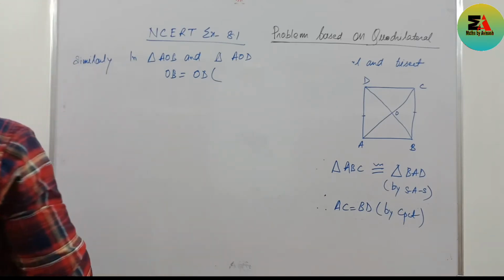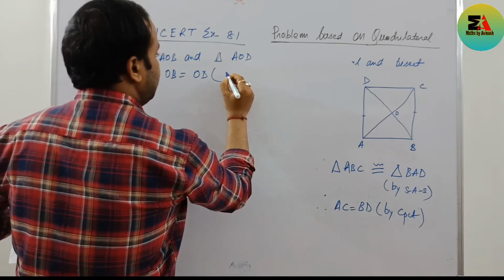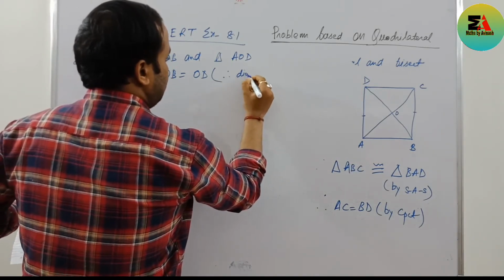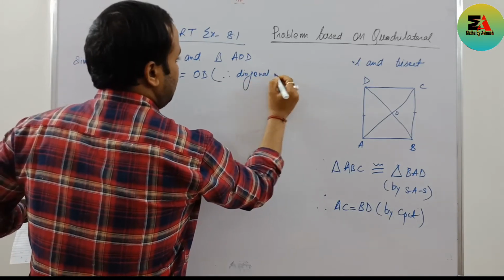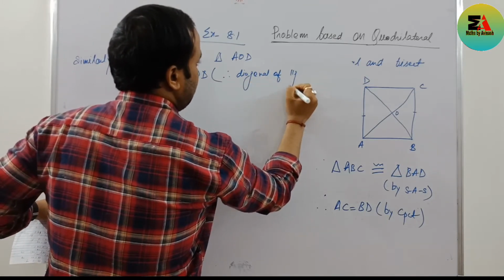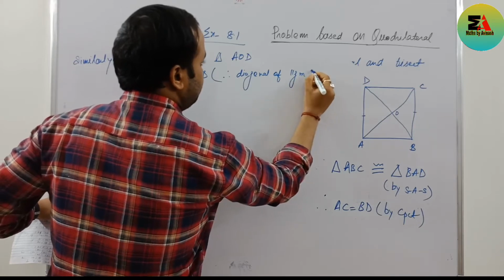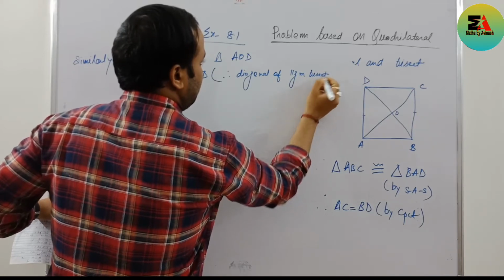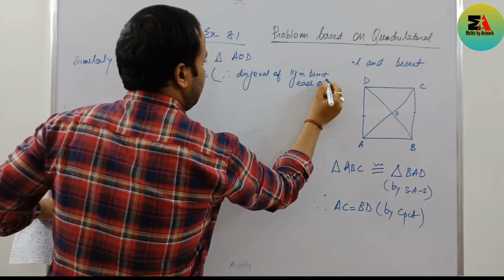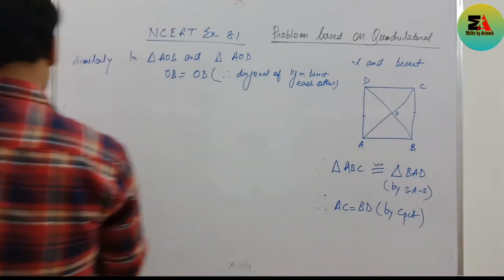Why? We know that diagonals of a parallelogram bisect each other.